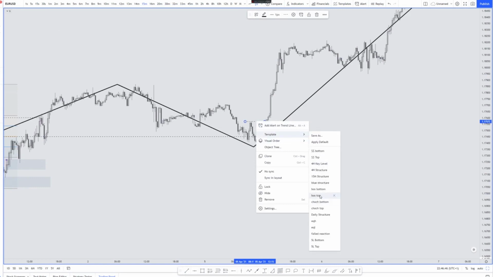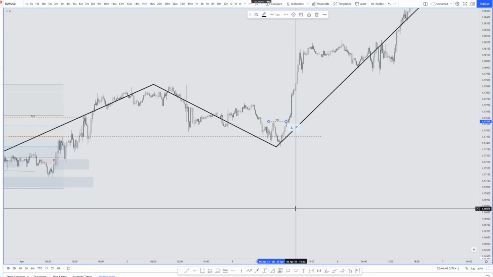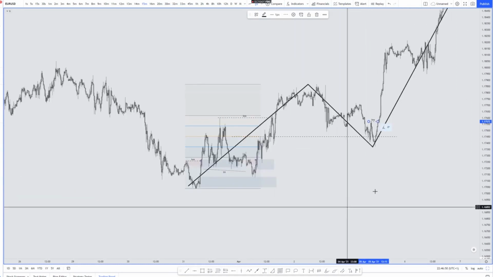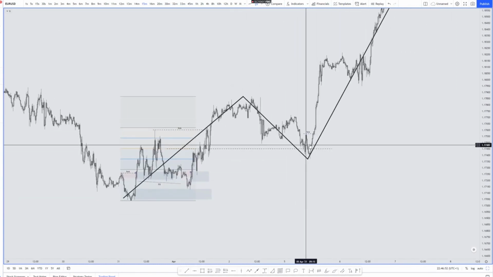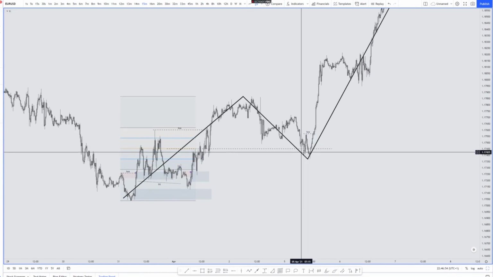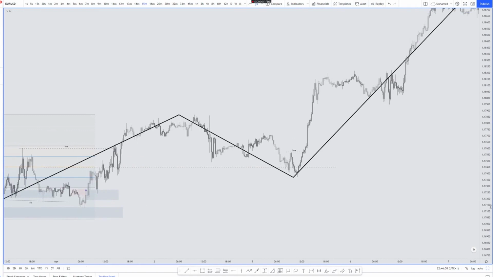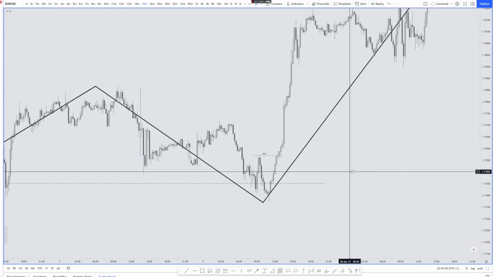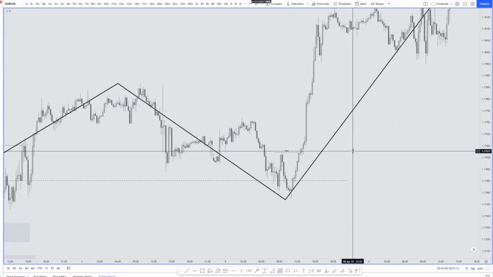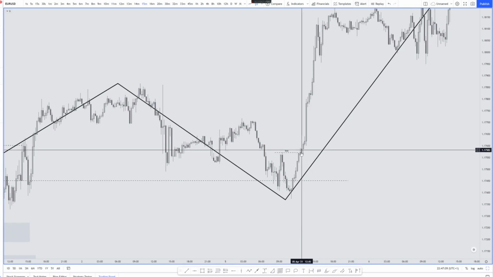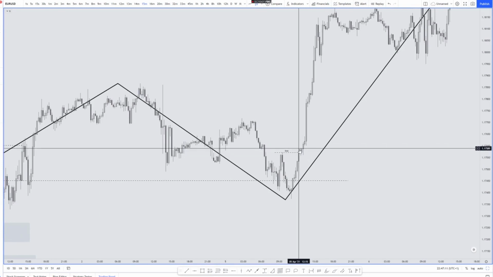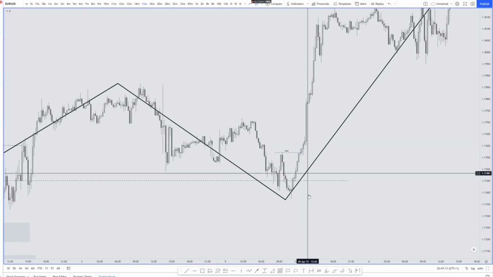But again, the expectation is that our pullback is complete when this high is taken. So you swept the lows, you swept the highs. If we actually look at this, the high is actually not taken till this doji. So that's actually the cause of the high going.